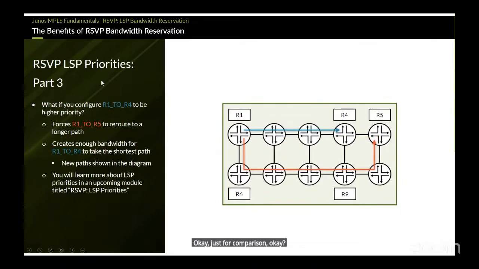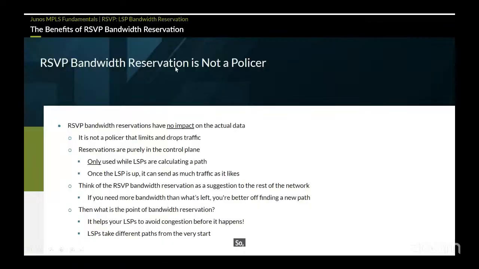RSVP priorities. So RSVP bandwidth reservation is not a policy. It's just binding the bandwidth. Just say you have an available 10 Gbps interface capacity.